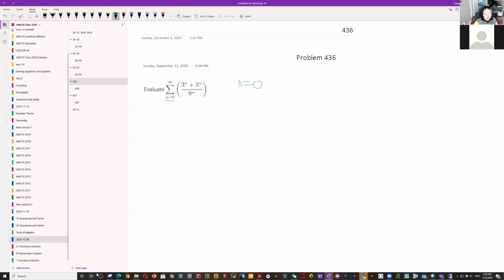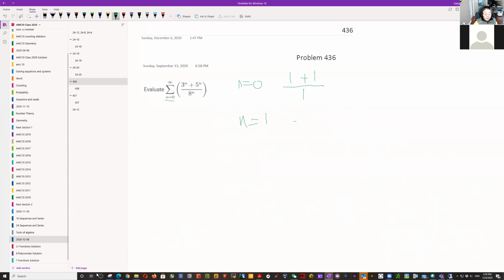N equal to 0, what will the starting term be? With n equal to 0, this addend becomes 8 to the zero, which is just 1. And 3 to the 0 is 1. And 5 to the 0 is 1. So basically, n equal to 0, it looks like this. We can write a few terms.